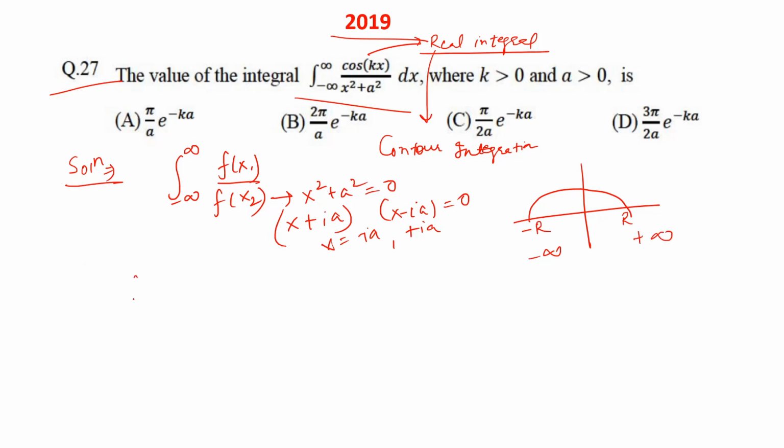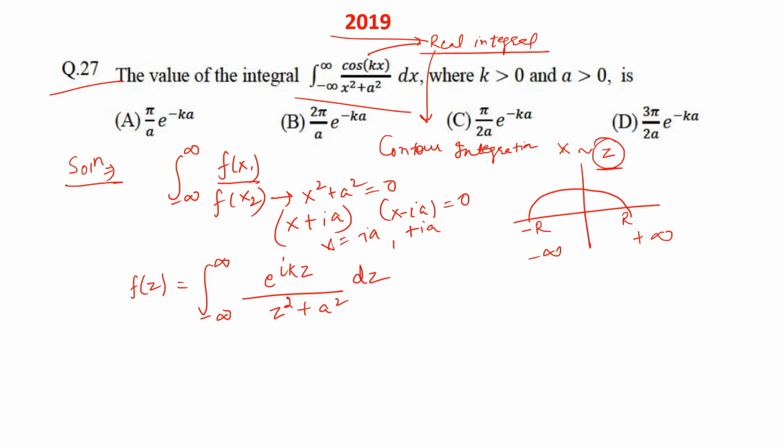So the contour integral of f(z) dz is in the form of minus infinity to infinity cos kx. This is the real part only. To make an analogy between the real part and the z part, the real part is generally the x part. So this is e raised to the power iota kz over z square plus a square dz.